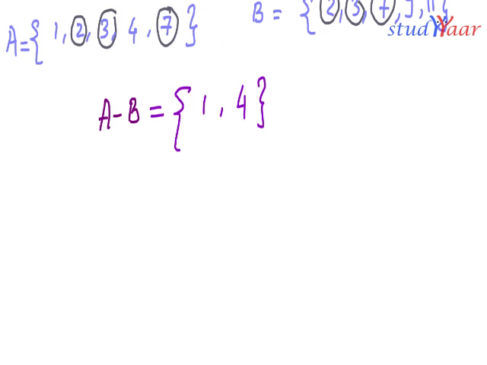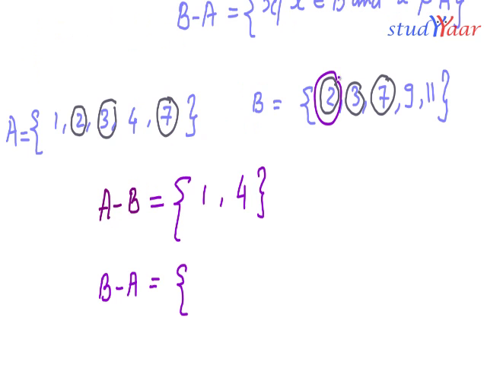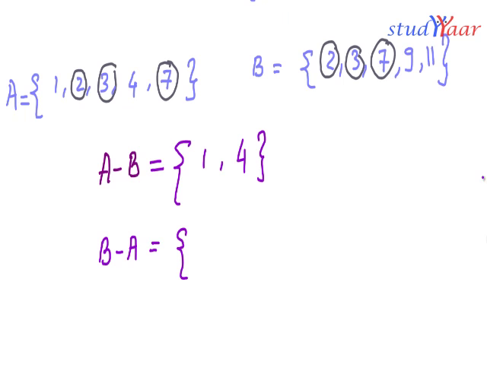Now let's see what is B minus A. B minus A is going to be all elements which are present in B but not present in A. So let us see, 2 is present in both B and A, therefore 2 is not a part of B minus A. 3 is also not part of B minus A. 7 is also not part of B minus A. 9 is only present in B and is absent in A. Therefore, I have 9 over here.